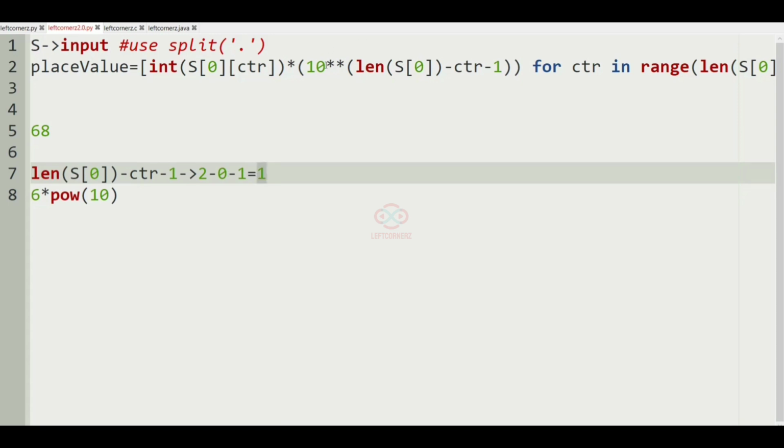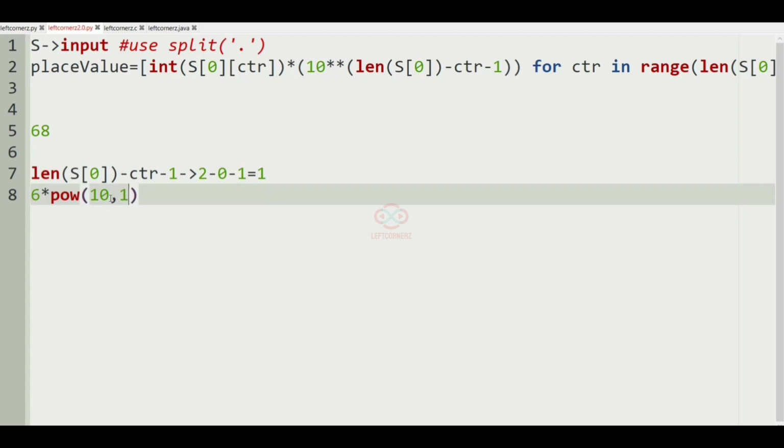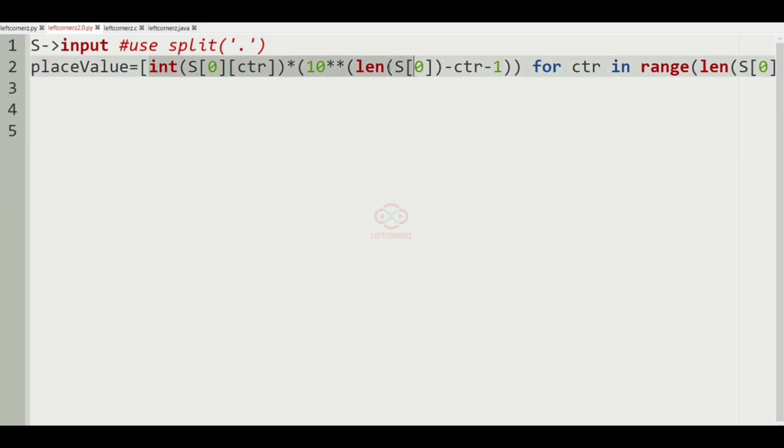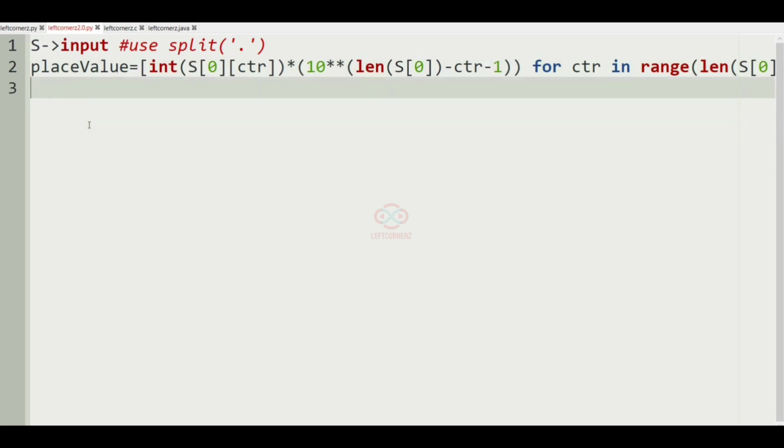So here we'll have 10 comma 1. This is how the statement works. So we have 6 into 10, and then we'll have 60.